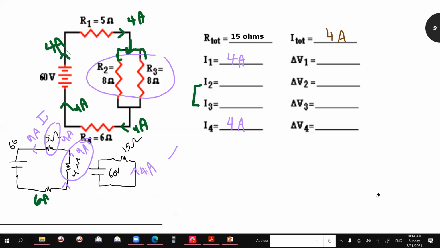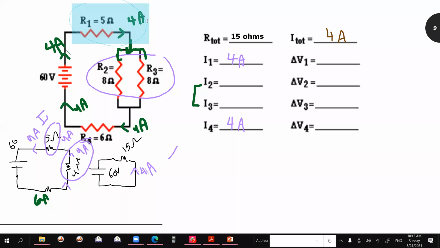Now, in this part here, we know the resistance 5 ohm, and we know the current 4 ampere. So if I bring my voltmeter, I can measure the volt between these 2 points, between the points of this resistance.